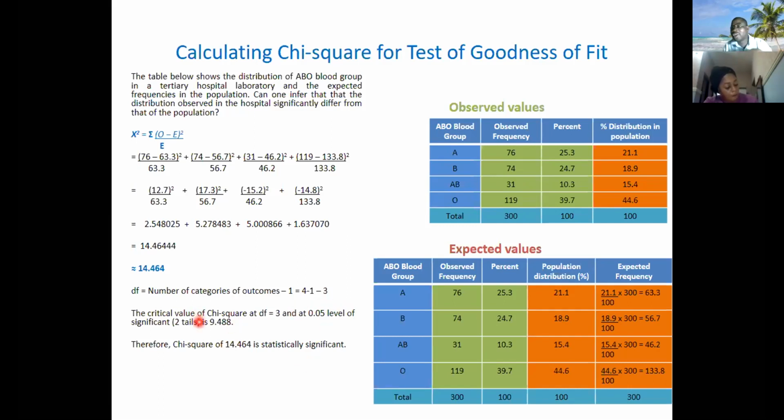So if you check the table of chi-square, the critical value for the degree of freedom of 3 is 9.488 at 0.05, which is the 5% level of significance.